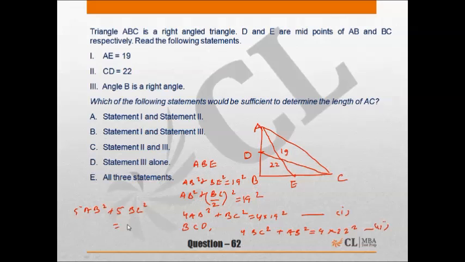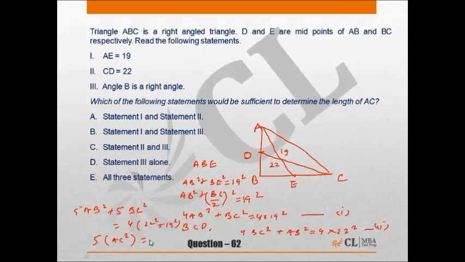5BC square equals 4 into 22 square plus 19 square, and 5 AB square plus BC square can be written as AC square using Pythagoras theorem in the given triangle.